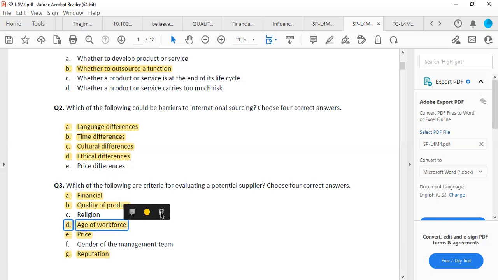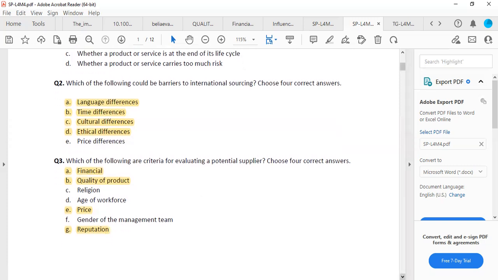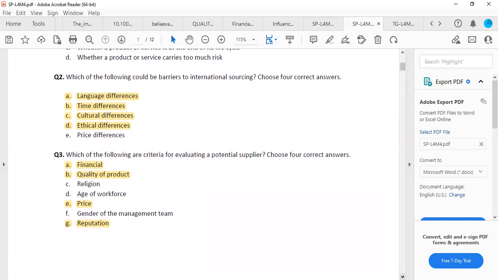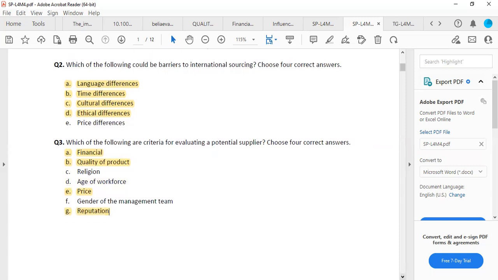The gender of the management team is not a key thing. Religion, the religion of the supplier. No. Price, reputation, quality, and financial. Yes, these four. Okay.